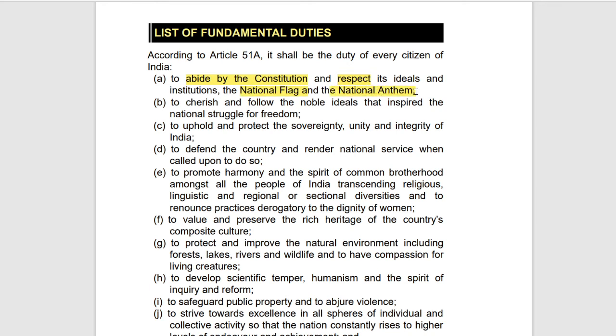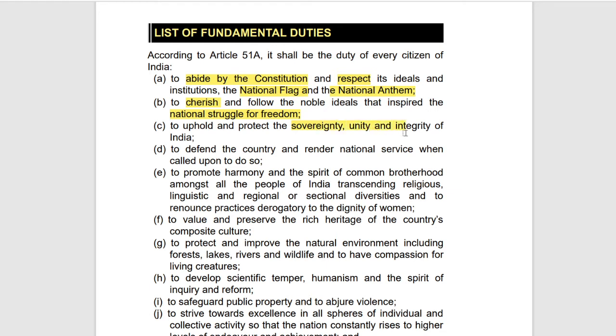Second, to cherish and follow the noble ideas that inspired the national struggle for freedom. What will I take here? Cherish, national struggle for freedom. Or in my words, I can just write down cherish national freedom. I told you that these are the notes which we make for our own understanding. So I can simply write here, cherish national freedom. That will also work.